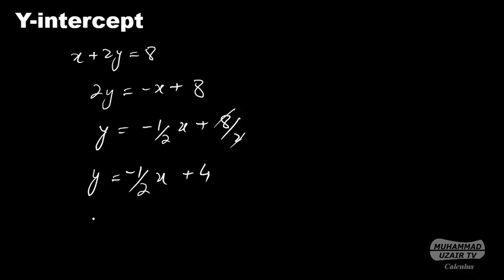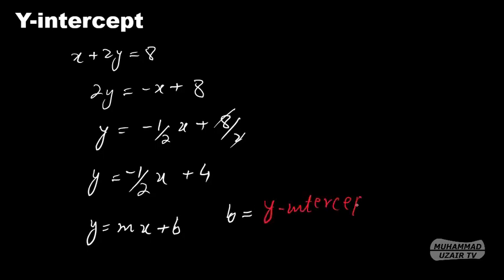So the general form is y is equal to mx plus b, where b is the y-intercept. By comparing these two equations, here m, the slope, is equal to minus 1 over 2 and b is equal to 4.